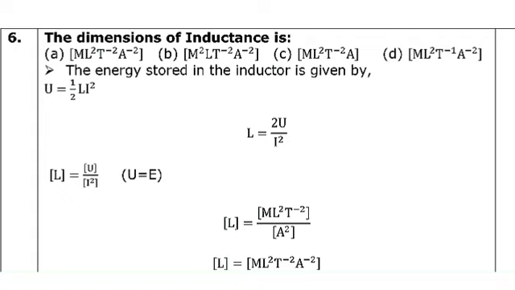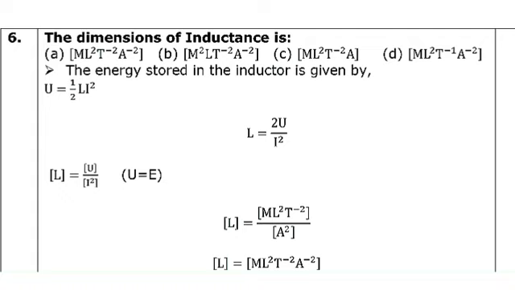My equation is L is equal to U by i square by neglecting that constant. Then we know that U is the energy and i is the current. So dimensional formula for energy is M L2 T minus 2 and for current is A square, A2.